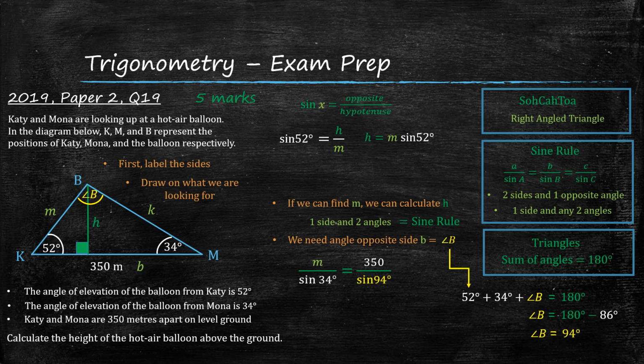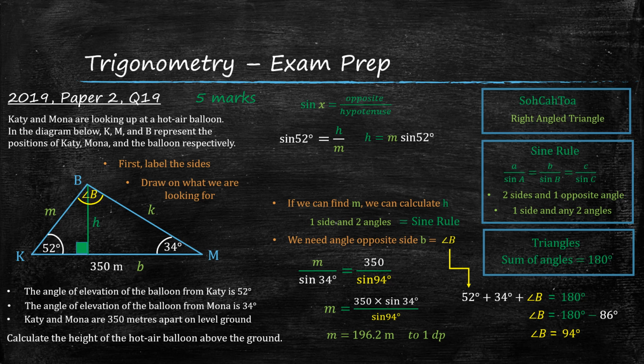So in this case, it's m over sine 34 is equal to 350 over sine 94, angle B, which we have just found. Let's rearrange this for m. So m is equal to 350 times sine 34 over sine 94, which gives us m is equal to 196.2 meters to 1 decimal place.